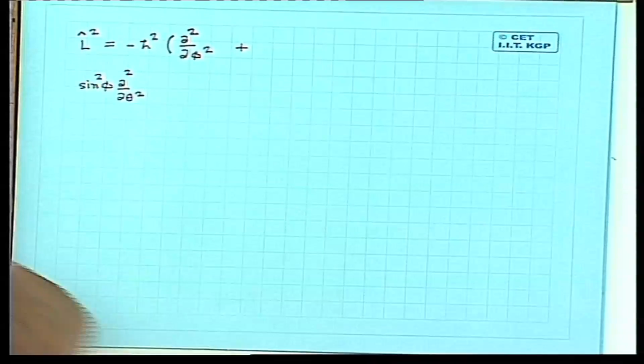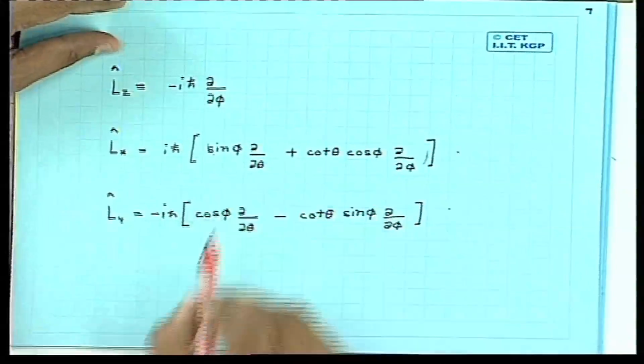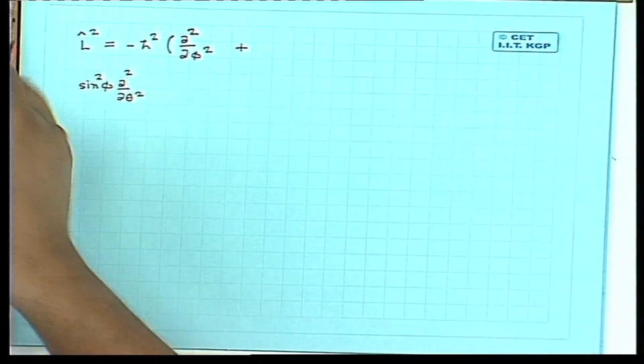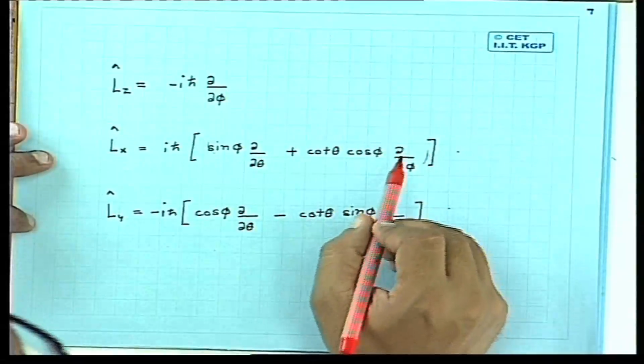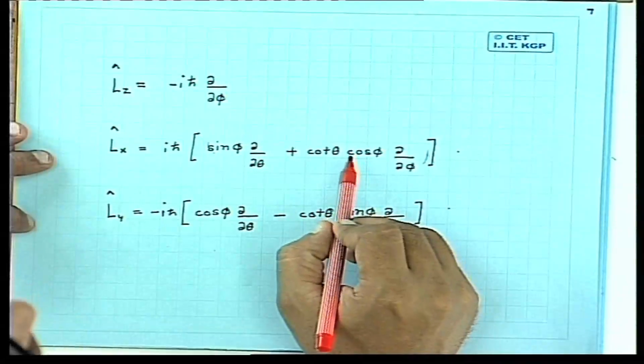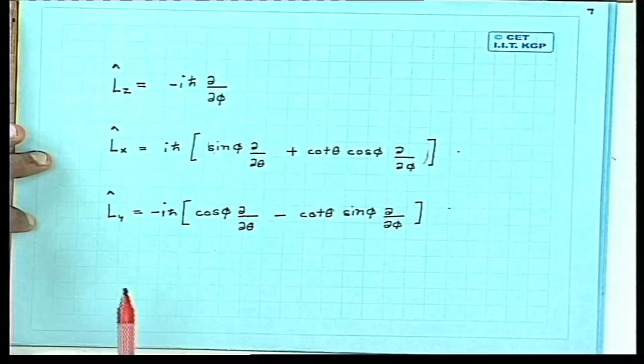The second term is the square of this operator. When I square this operator, del del phi will act on cos phi, but cot squared theta will remain unaffected.